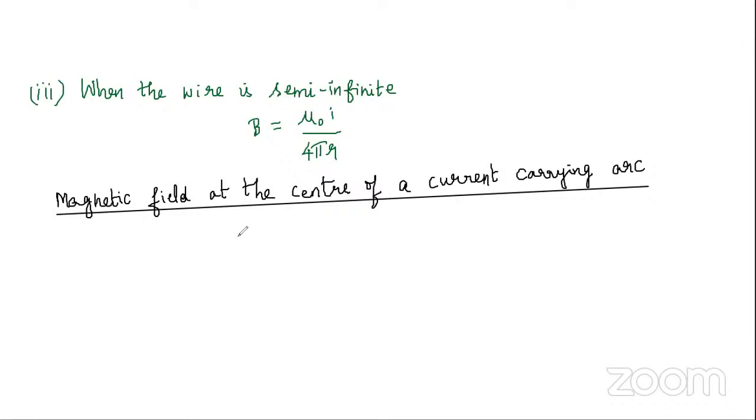So this is the arc, and you have a point P at the center of this arc. This is the current element dl, and the current flowing through the wire is I. This is how the point P is connected.